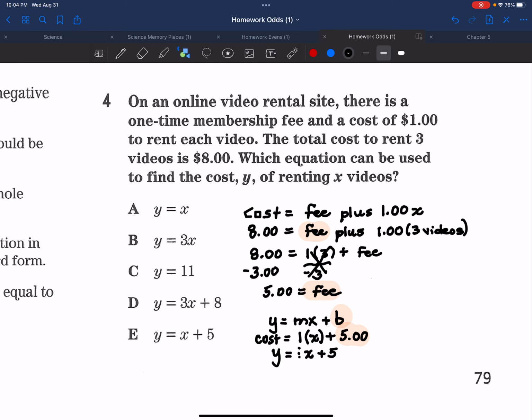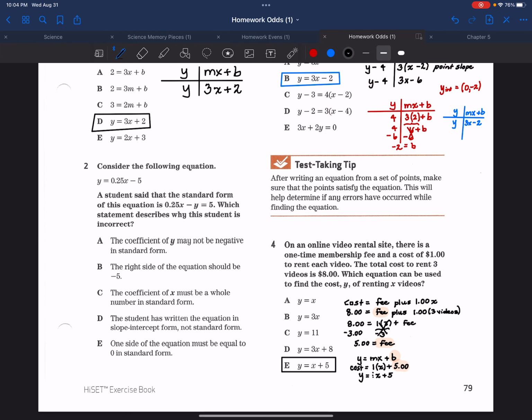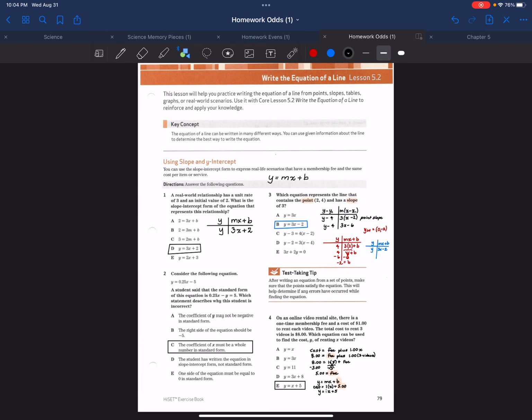And that's going to be option E. Another way to think about this is the cost is every video you rent plus $5. That one messes with your mind a little bit. All of these mess with your mind a little bit. I'm going to go ahead and put this on here too since we worked it on paper. But okay, this is the end of page 79. I'll see you in the next video for page 80.